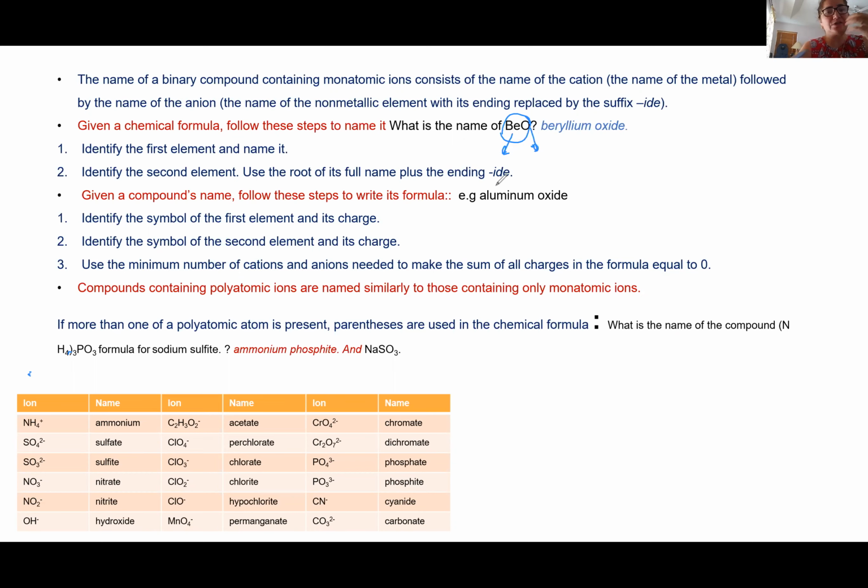And if for some reason you see numbers that are not simplified, that means that you're dealing with something like a peroxide. So for example, Na2O2 is an ionic compound.